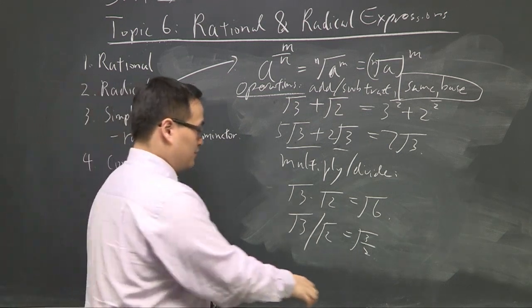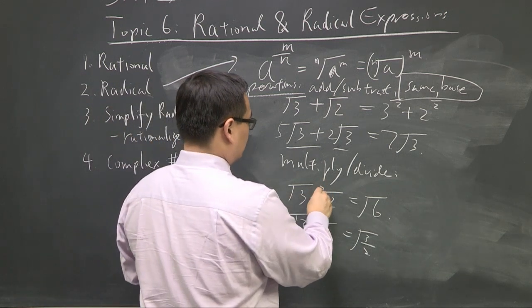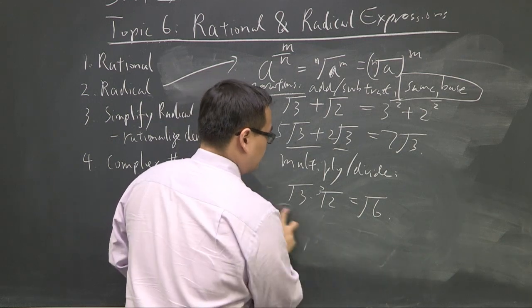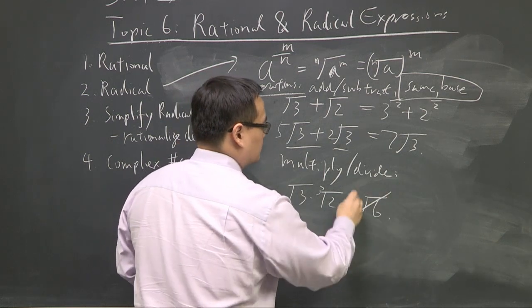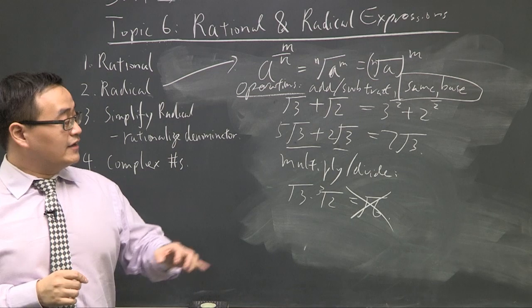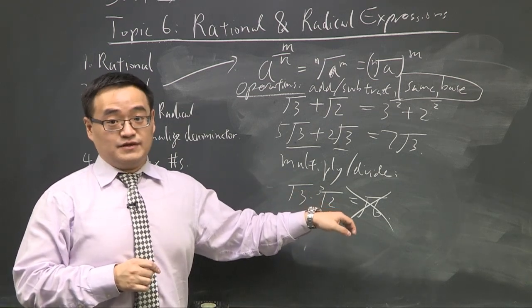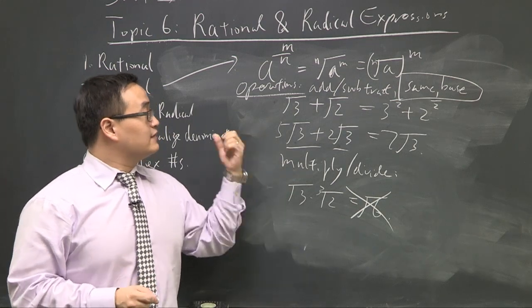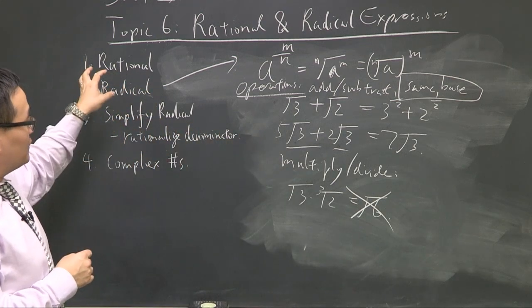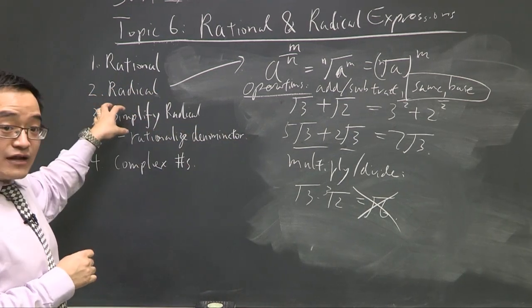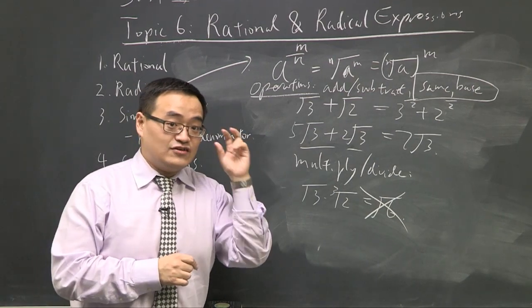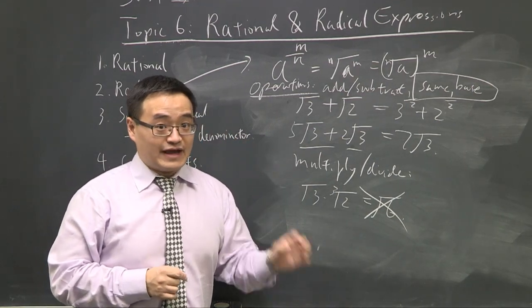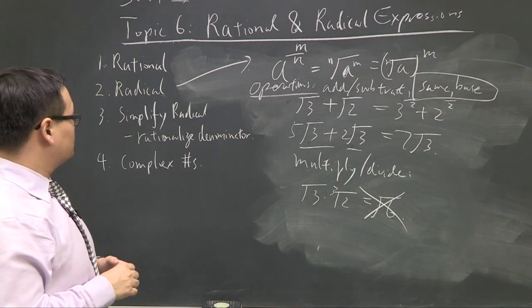Here's another question. Can I do radical 3 divided by third root of radical 2? The answer is no. You can't do that. Okay? You got to have the same radical to be able to do it. So, operation-wise, again, very much like rational expressions, right? If you're looking at radical expressions, the key is that you have to have the same base. Okay? That's the key.